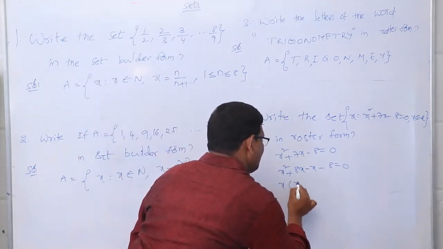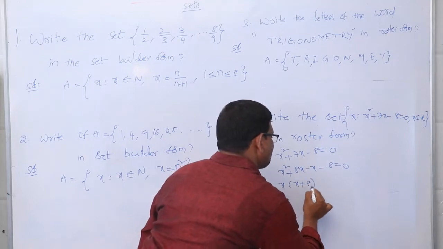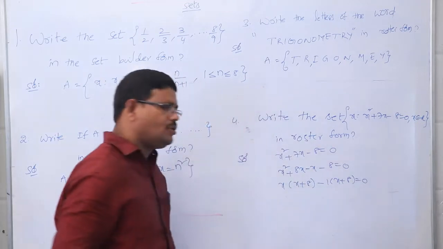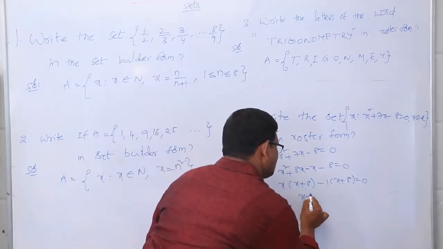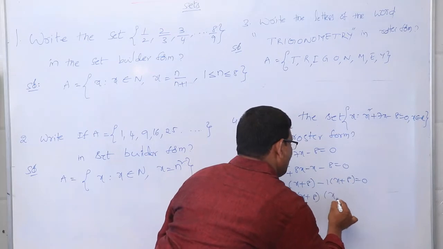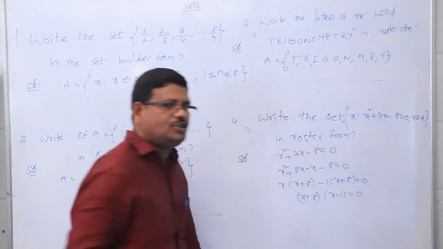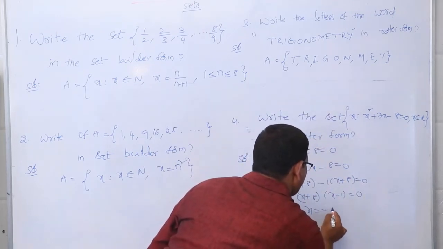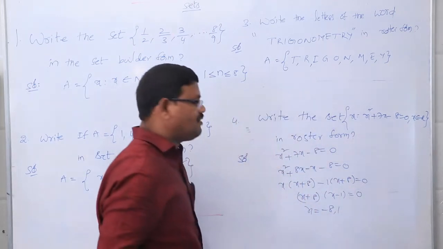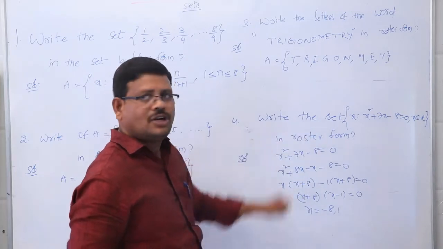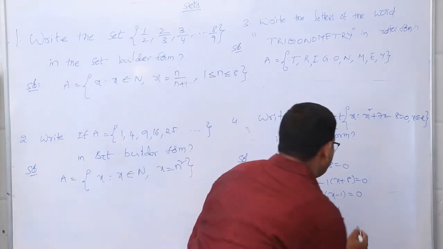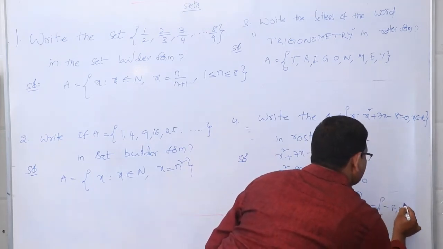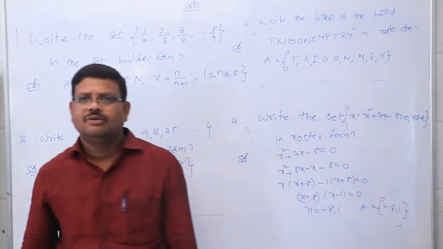Here, if you take x as common, x of x plus 8 minus 1 of x plus 8 equals 0. So x plus 8 of x minus 1 equals 0. x equals minus 8, comma 1. Therefore, the roster form is A equals the set of minus 8, comma 1.